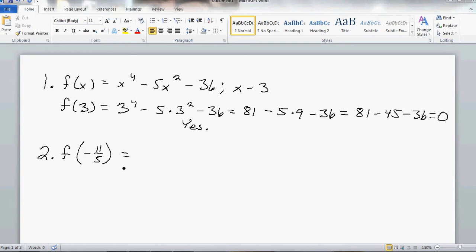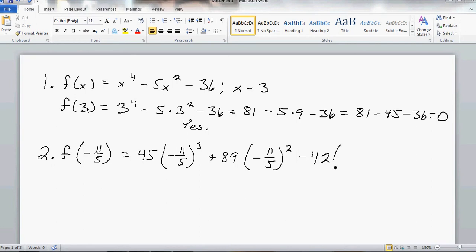If not, we need to say no. So that would be 45 times negative 11 fifths cubed plus 89 times negative 11 fifths squared minus 42 times negative 11 fifths minus 44.